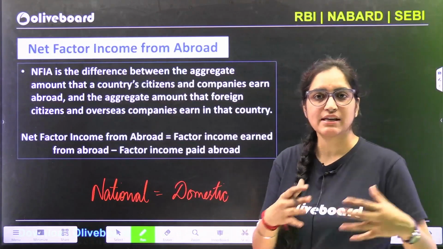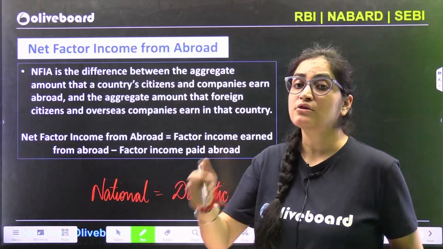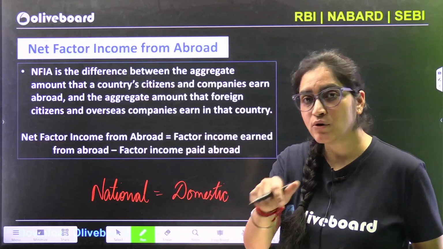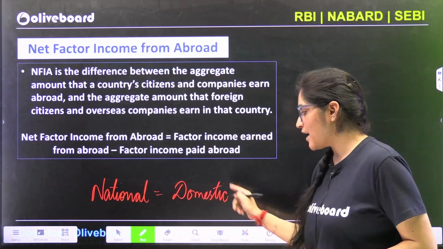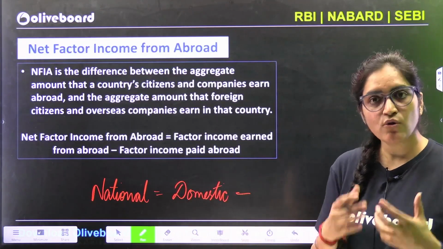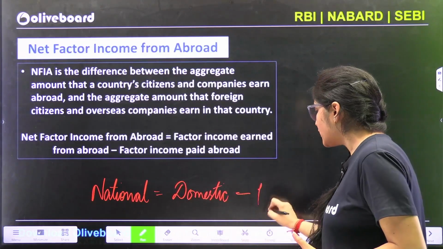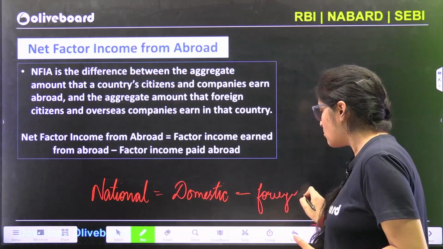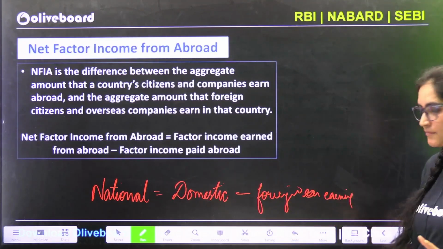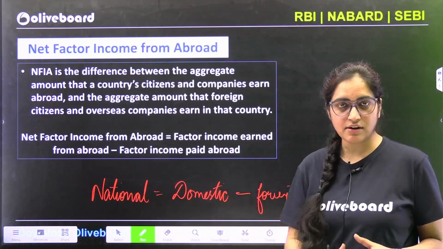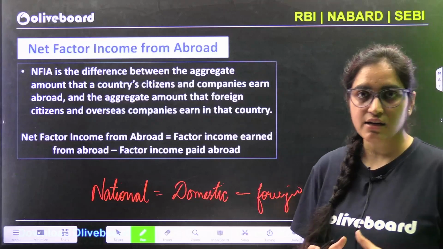If I know domestic income but I have to calculate national income, I am going to subtract whatever foreigners are earning, because in this domestic territory, whatever foreigners are earning is also there.